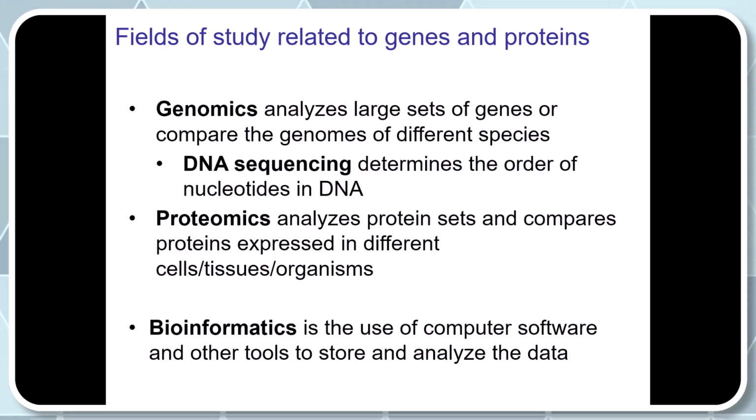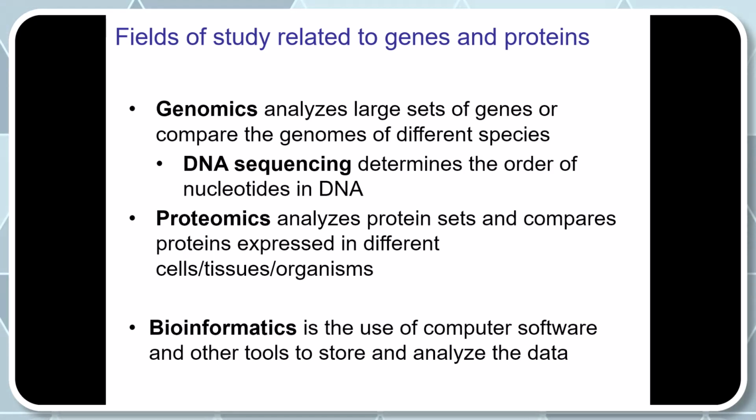So we've kind of talked a little bit about genomics and proteomics already, and we're going to talk about them more in Unit 4, but there are fields of study related to genes and proteins and whole gene sets and whole protein sets. So genomics analyzes the genome, which is large sets of genes, and DNA sequencing, there's actually several different ways we can do DNA sequencing, several techniques, but that's going to determine the sequence of nucleotides or the order of nucleotides in DNA.